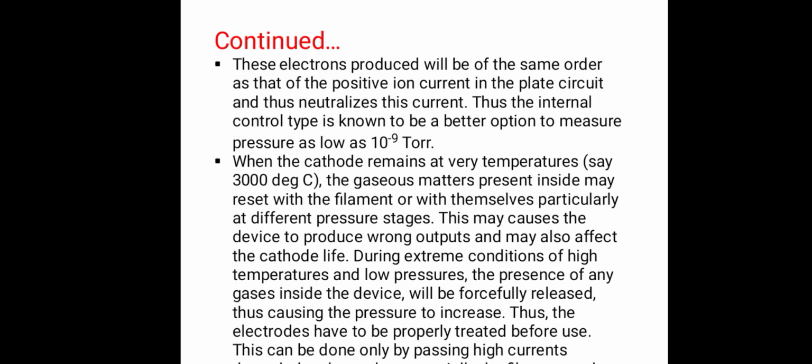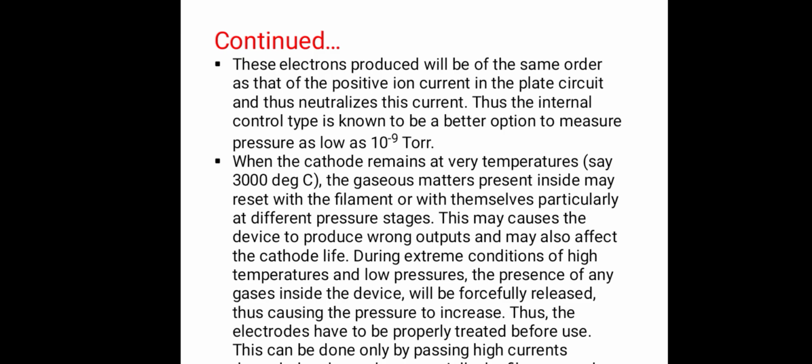When the cathode remains at very high temperatures, the gaseous matter present inside may react with the filament or with themselves, particularly at different pressure stages. This may cause the device to produce wrong outputs and may also affect the cathode life. During extreme conditions of high temperature and low pressure, any gases inside the device will be forcefully released, thus causing the pressure to increase.